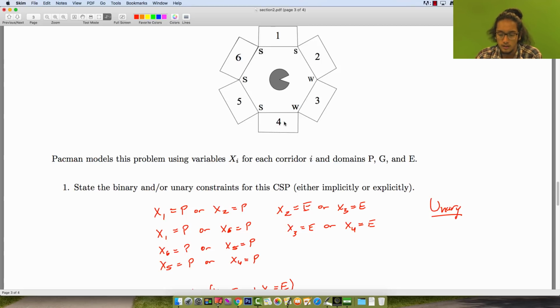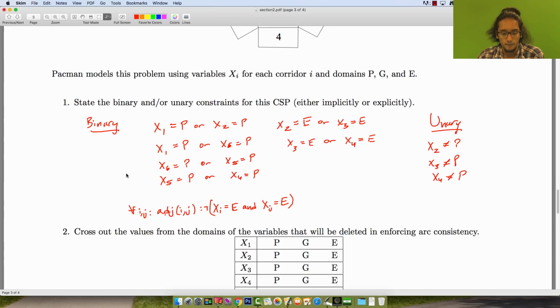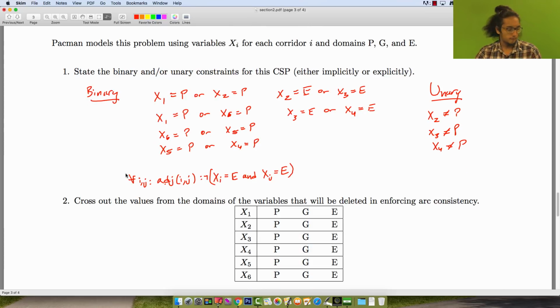So none of these three can have pits behind them, and so the unary constraints are x2 cannot be a pit, x3 cannot be a pit, and x4 cannot be a pit. So these are the unary constraints, and here we have binary constraints. And those are all the constraints described in the problem. So that's it for part 1.